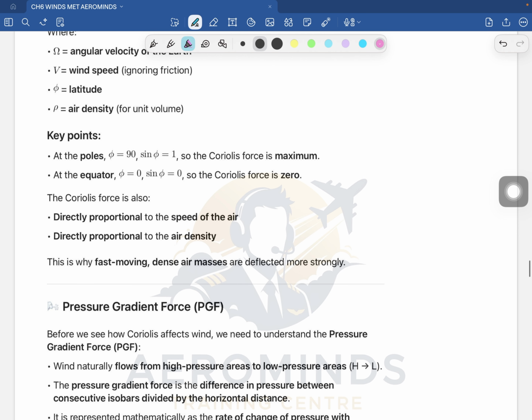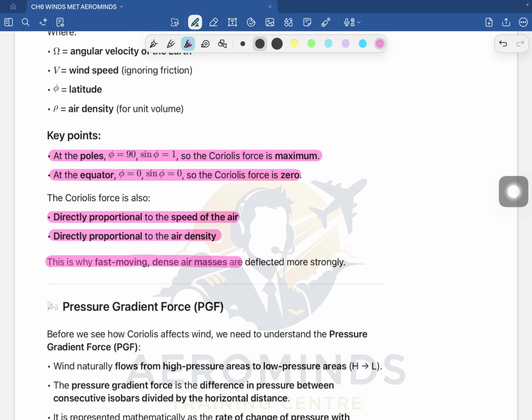At the pole, the latitude is 90 degrees, so sine phi will be 1. So the Coriolis force will be maximum, and at the equator it will be 0 if you put the sine value. The Coriolis force is directly proportional to the speed of the air. The faster, the more force, and the more density, the more Coriolis force. This is why the fast and dense air masses are deflected more strongly.